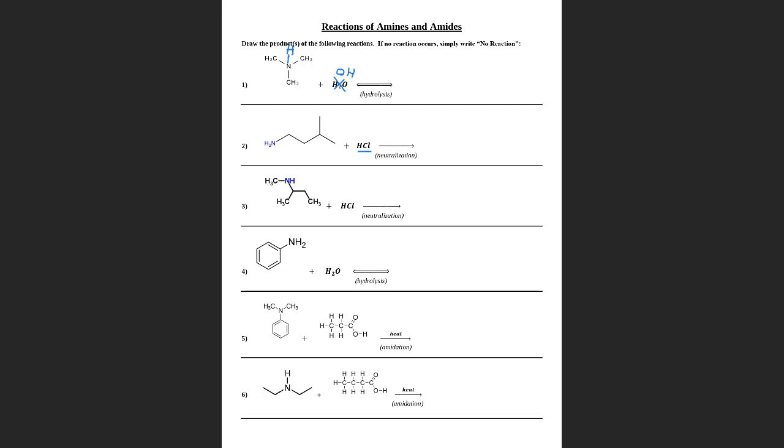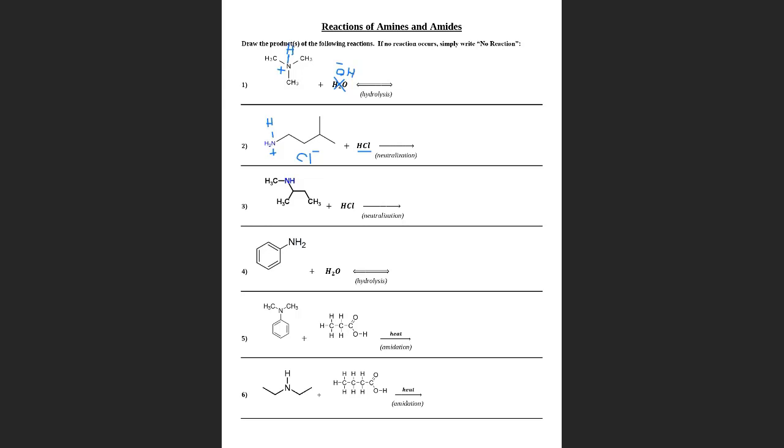And with an HCl, with an acid, once again, you're going to get a hydrogen attached to the nitrogen, giving it a positive charge. And the other thing you're going to have is the Cl with the minus charge by itself. And then of course neutralization. So neutralization, hydrolysis, they're going to be a little bit different, but somewhat similar.